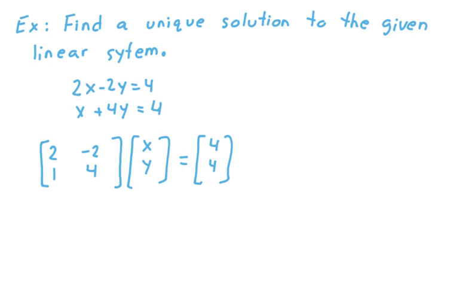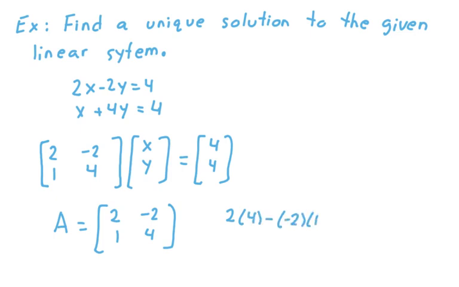Okay. Now, my A is the matrix [2 -2; 1 4]. If I take 2 times 4, and I subtract off negative 2 times 1, that's 10, which doesn't equal 0.